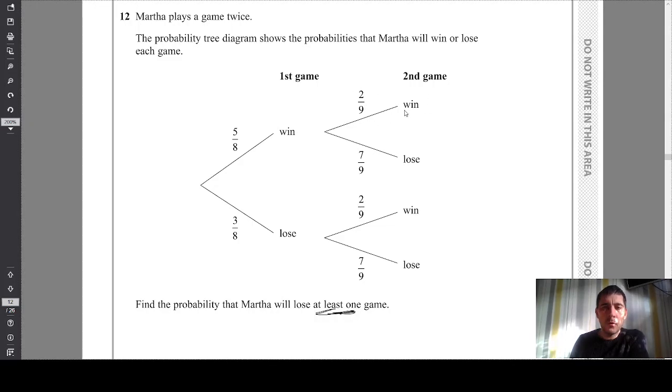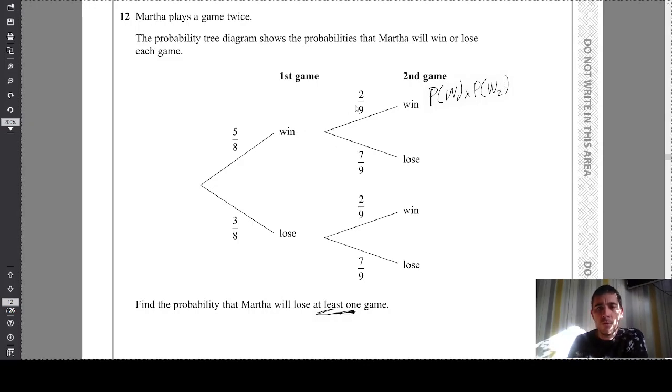So probability of winning 2 games will be probability of win in first game multiplied by probability of win in second game.